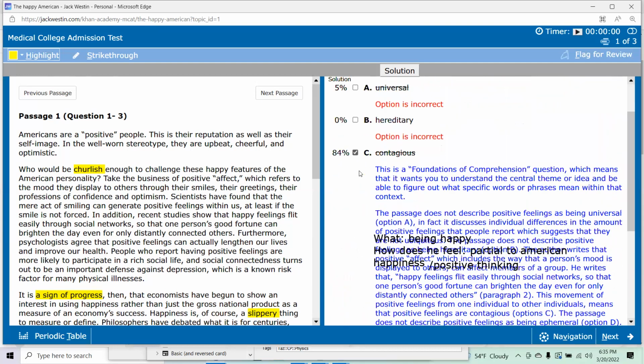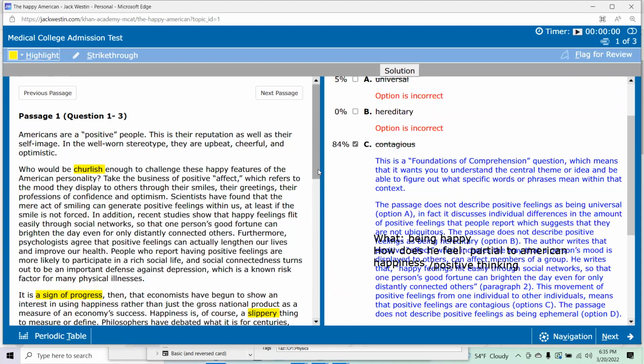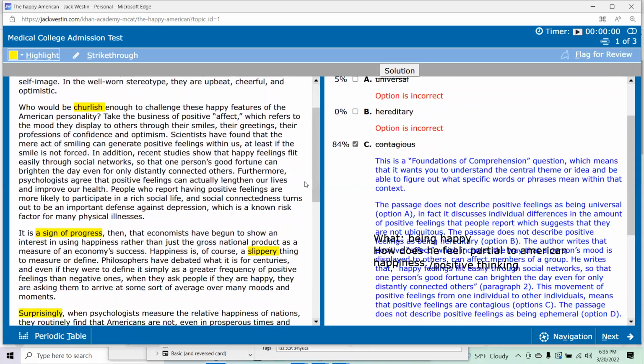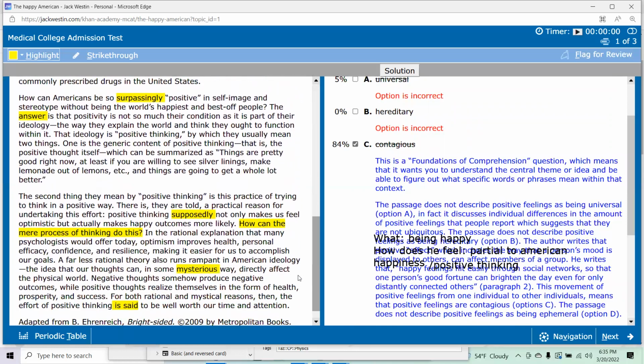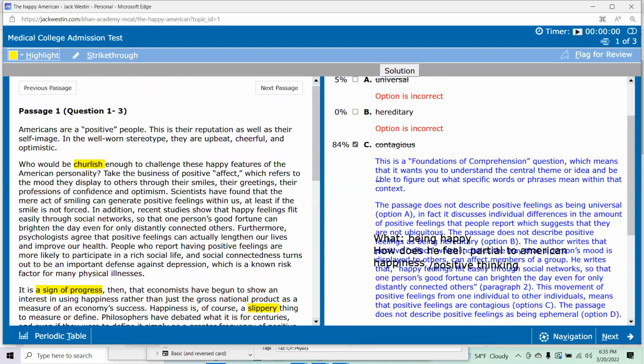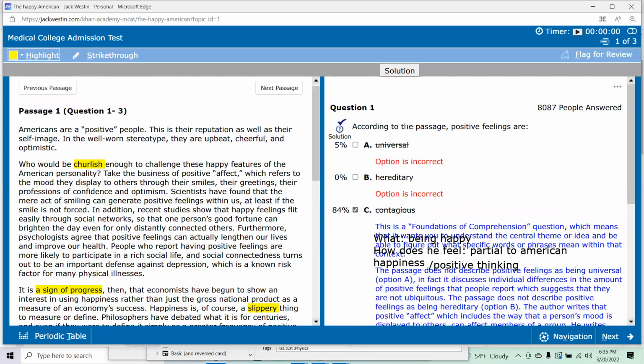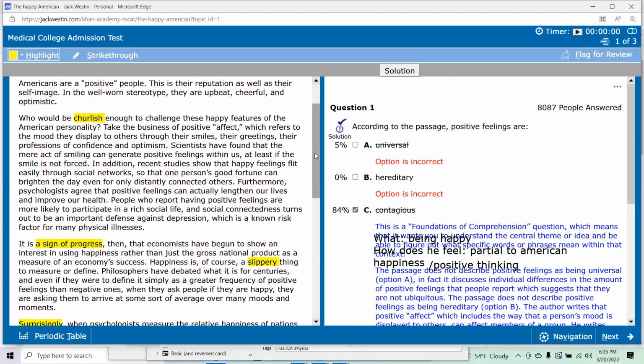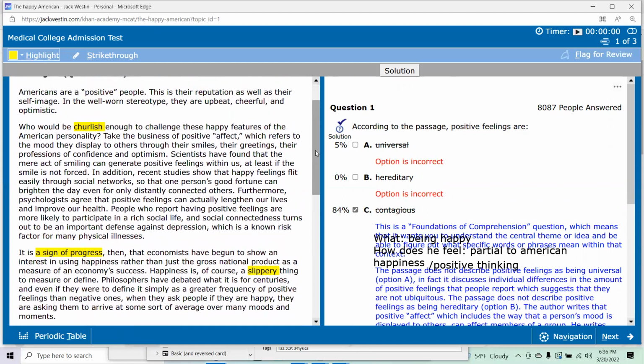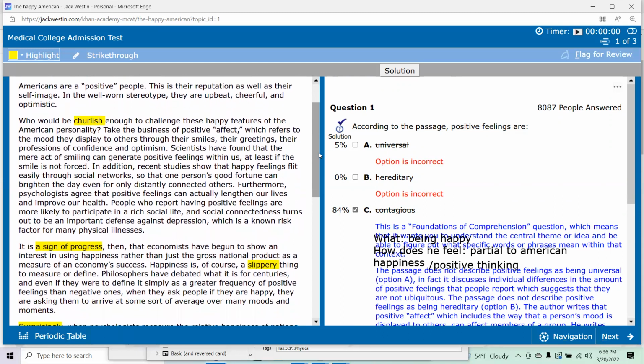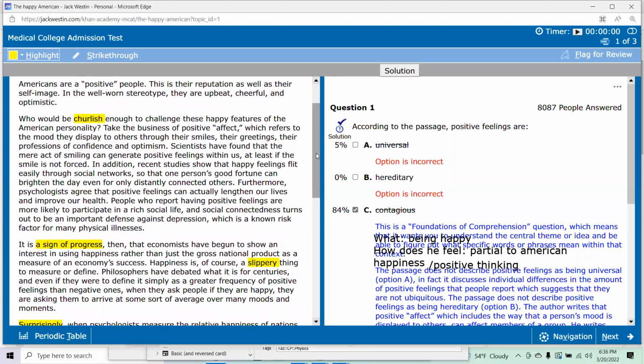The thing here is that you missed the first part, right? The first time, you didn't think there wasn't really anything mentioned about contagiousness, so I can eliminate that. What you want to do is, at least when they're saying according to the passage, positive feelings are, take a glance at the passage and see if you can find anything that rules this out or confirms it. Sometimes it's just a sentence or two that links that.